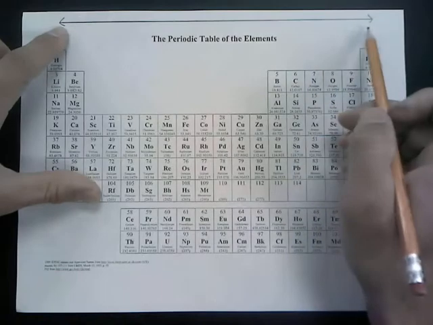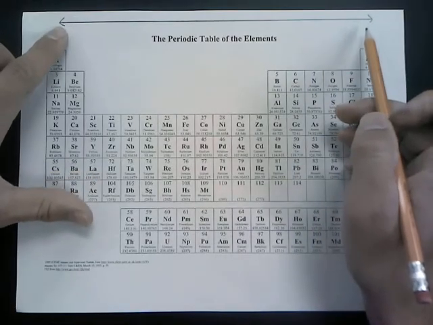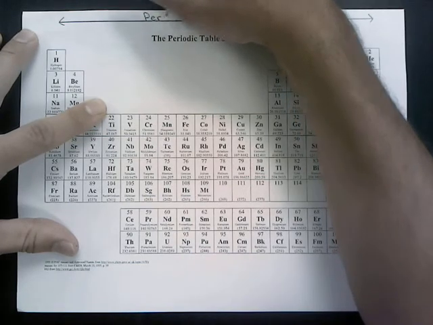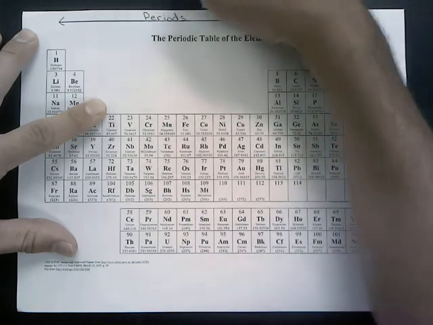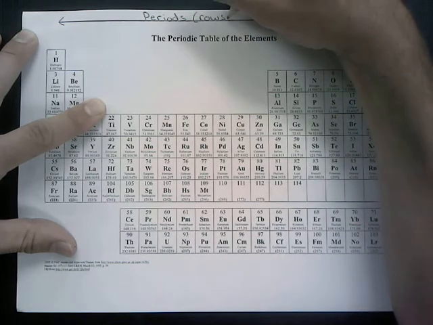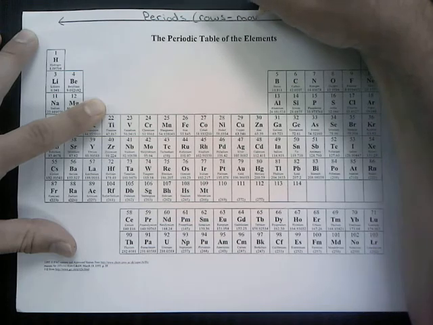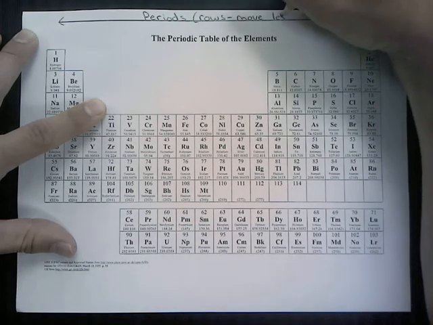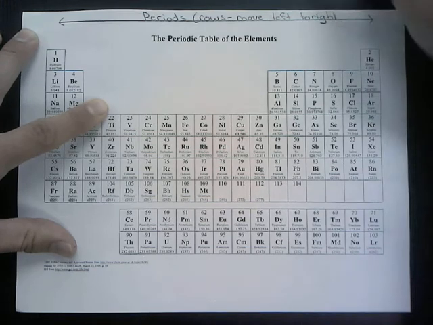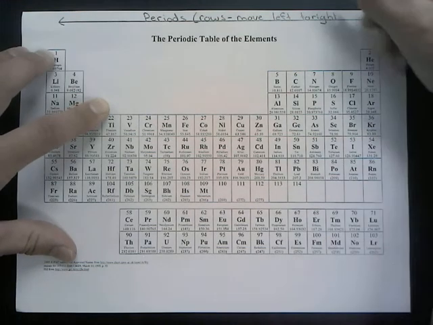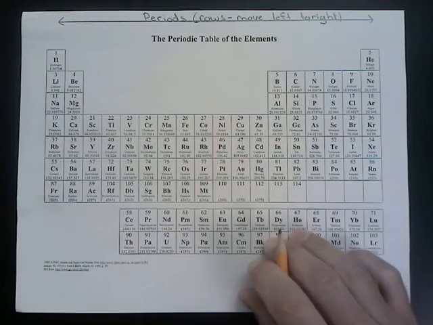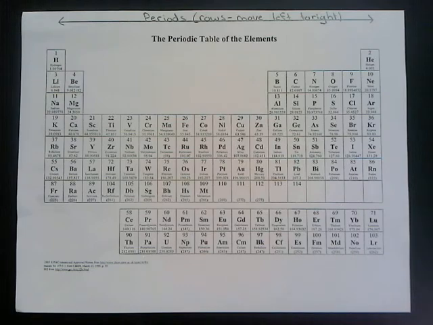So again, left to right, like this arrow that I've now drawn, these are known as the periods. These are considered rows, and they move left to right. Now, our up and down, or our columns, are known as groups.